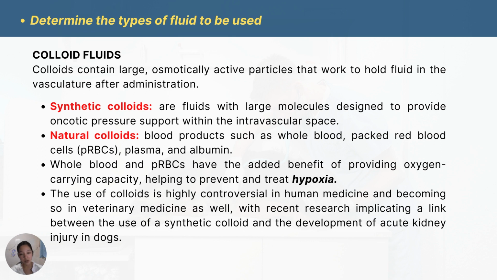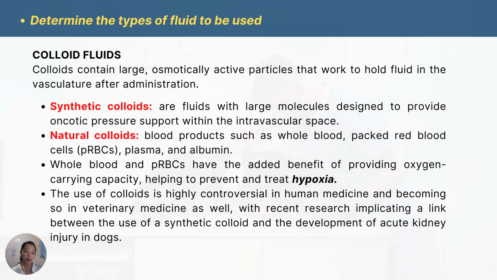So we have synthetic colloids. These are fluids with large molecules designed to provide oncotic pressure to support the intravascular space. As natural colloids, we have blood products such as whole blood, packed red blood cells, plasma, and albumin.